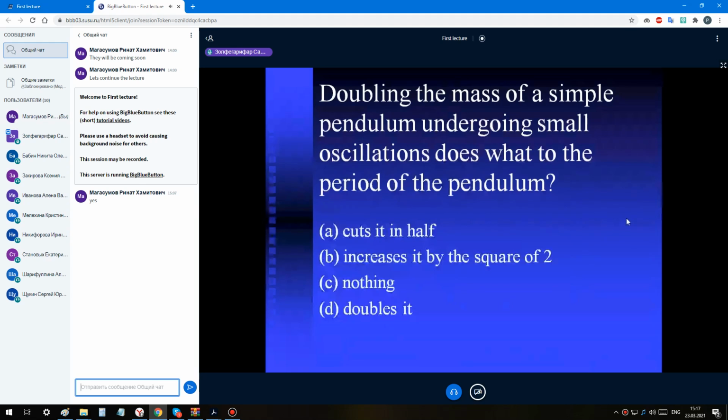A, cuts it in half. B, increases it by the square root of 2. C, nothing. D, doubles it.